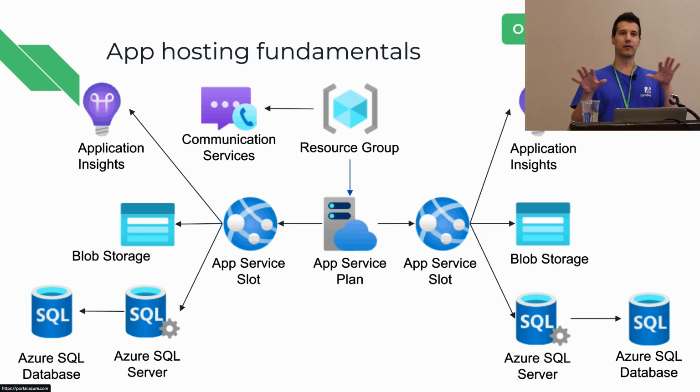But it's nice to have things separated so that you can configure them separately. Maybe you don't need certain features that Azure provides for one environment and you need them for the other, or you want to configure it differently. So just for the sake of separating things and being able to manage them, it's easier to have all the resources mirrored.